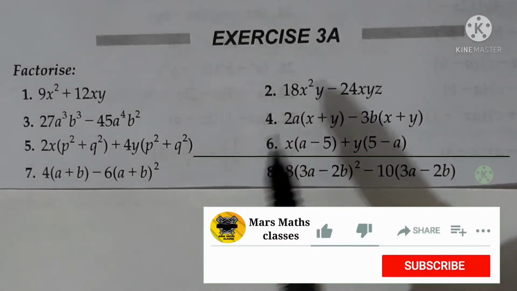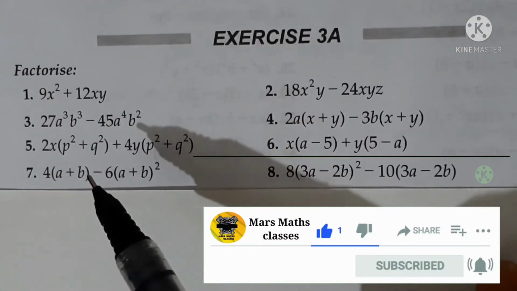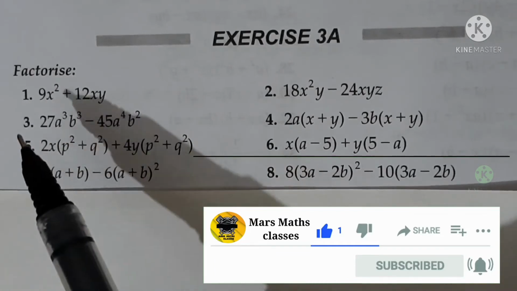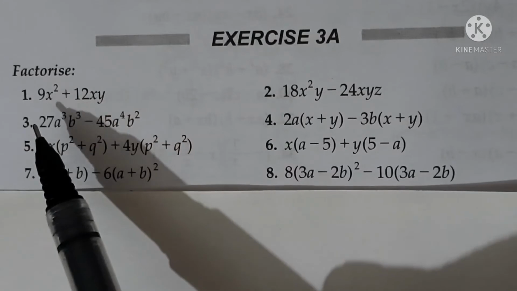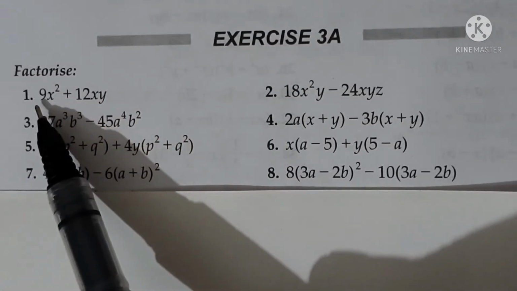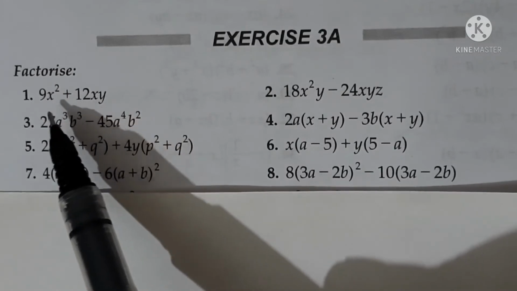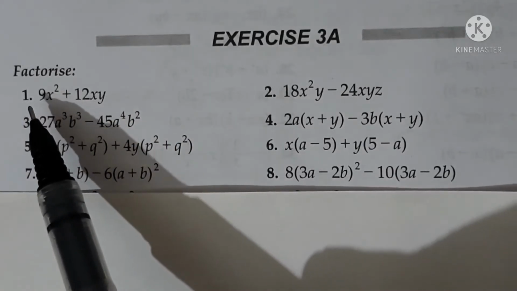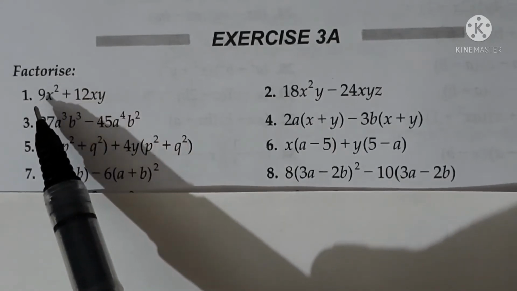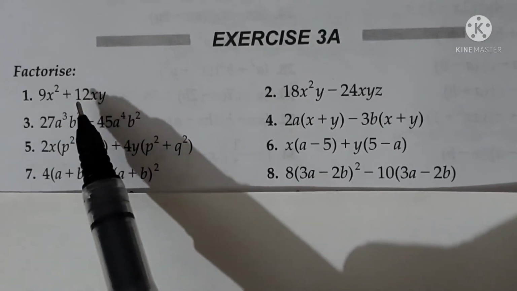Now this is exercise 3A and we will solve it by taking out the common factor. Here 9x square plus 12xy. First you see the constant numbers 9 and 12. 9 and 12 come in the table of 3. You can break it like 3 3s are 9 and 3 4s are 12.